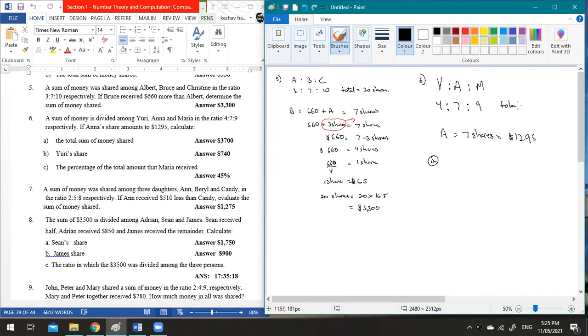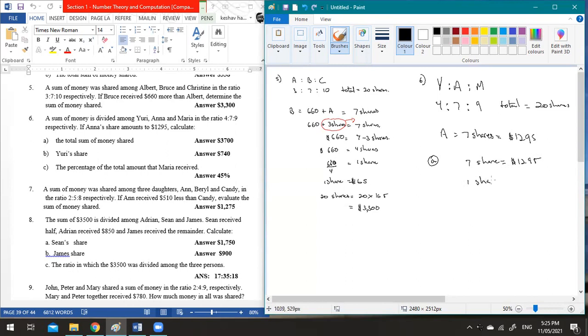Now the total amount of shares is 4 plus 7 plus 9. So 4 and 7 is 11 and 9 is 20 shares. Right? So from Anna's share we have 7 shares is equal to $12.95.